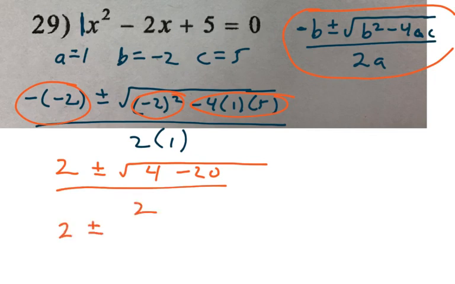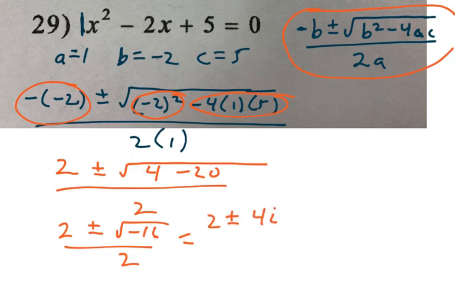2 plus or minus the square root of negative 16 over 2, which equals 2 plus or minus 4i, because the square root of 16 is 4. The square root of negative 16 would just be 4i, right? The negative, in other words, gives us an i over 2.